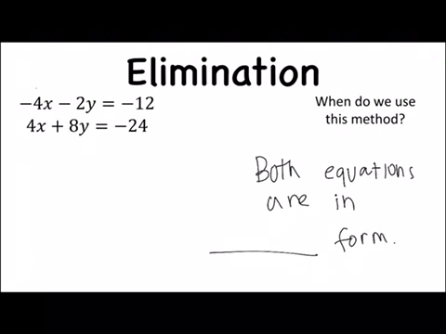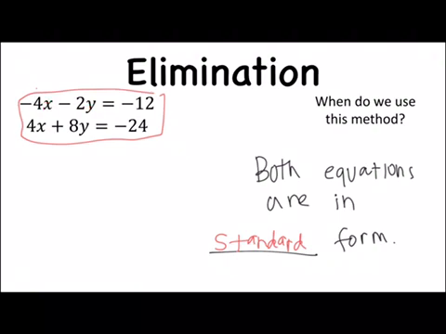And if you look at both of our equations, what form are they both in? Standard. So you use elimination when both forms are in standard. And standard form is when x and y are on the same side of the equals.